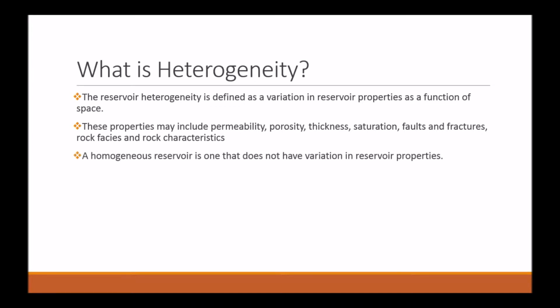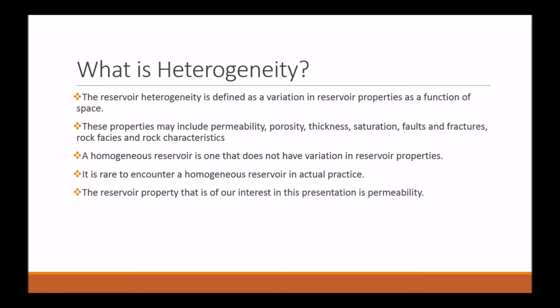A homogeneous reservoir is one that does not have variation in reservoir properties. Once again, it is a rare occurrence to actually have a reservoir that is homogeneous. The reservoir property that is of our interest in this presentation is permeability, because we feel it is the most important and fundamental for reservoir dynamics.